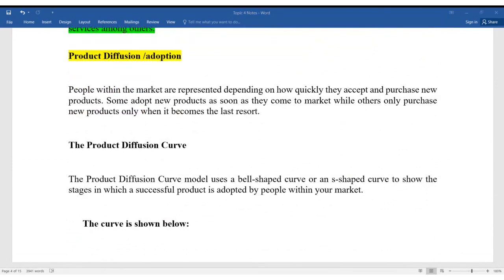Product diffusion. Product diffusion refers to how a new product is accepted and purchased into the market. It's the rate at which a new product is received by customers and they begin to use it.